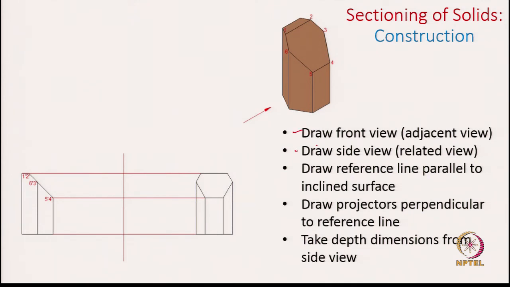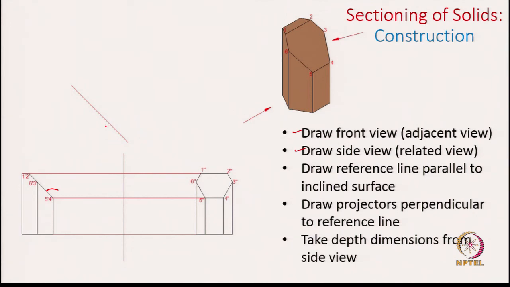So, we are done with the front view and the side view. Then we need to draw this reference line which is parallel to the surface of interest. This, we said, is the surface of interest which appears as an edge, so the reference line is parallel. You might be confused about how far or how close this reference line should be.